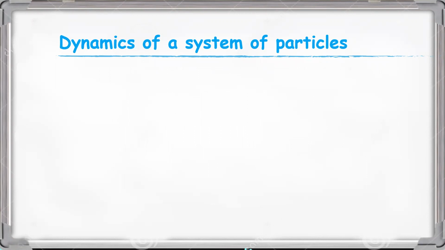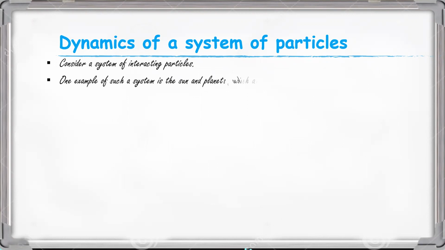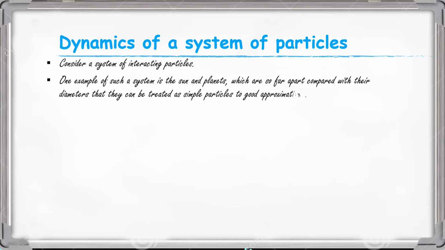Now we discuss the dynamics of a system of particles. Consider a system of interacting particles. One example of such a system is the sun and planets, which are so far apart compared with their diameters that they can be treated as simple particles to good approximation.